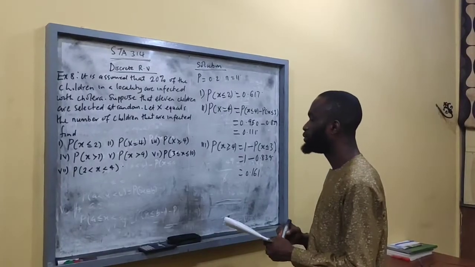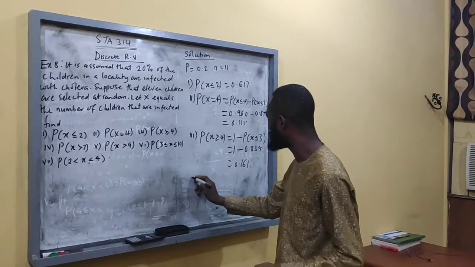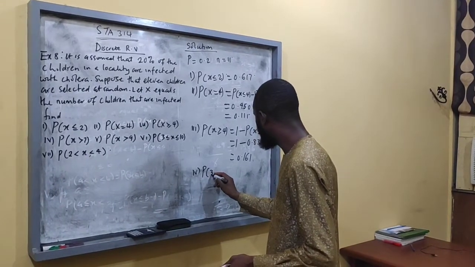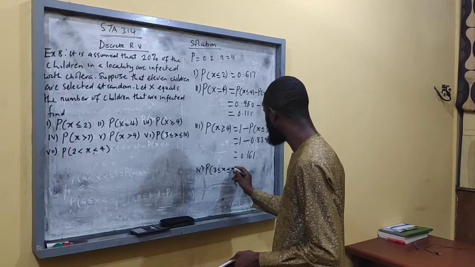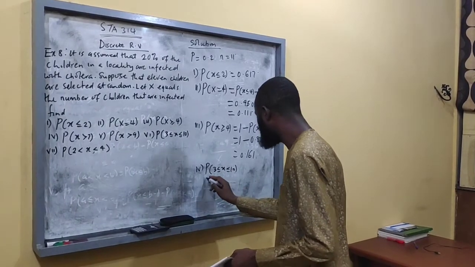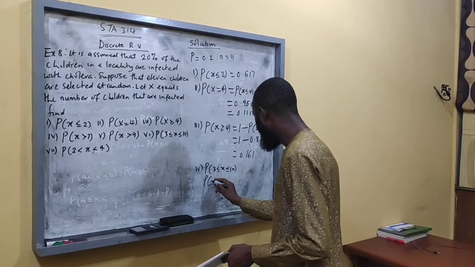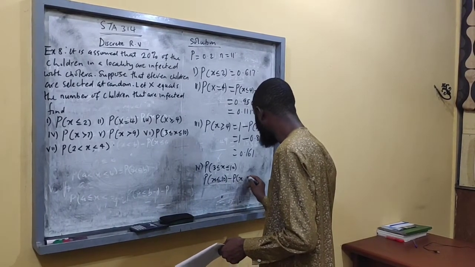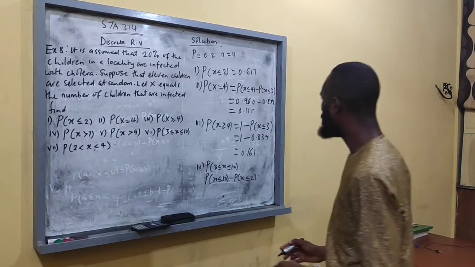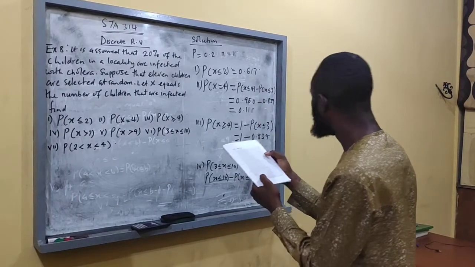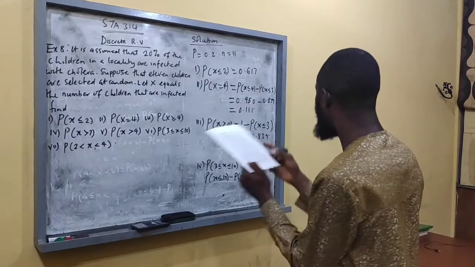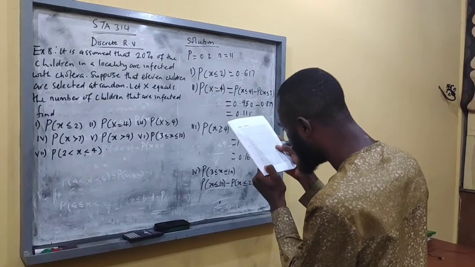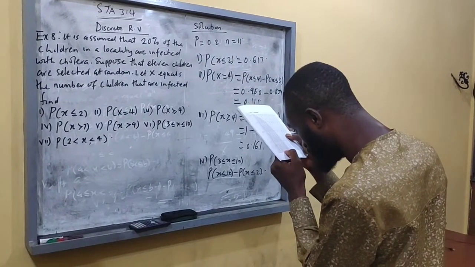That is Roman figure 4 now. We want to look at Roman figure 4. And Roman figure 4 is, we want to get probability of 3 less than or equals to x less than or equals to 10. And this can be expressed as probability of x less than or equals to 10 minus probability of x less than or equals to 2. And what is that? Still on the same probability table, I'm going to check probability of x less than or equals to 10, trace to 10, which is 1.0.